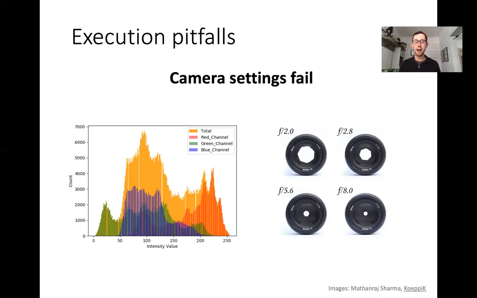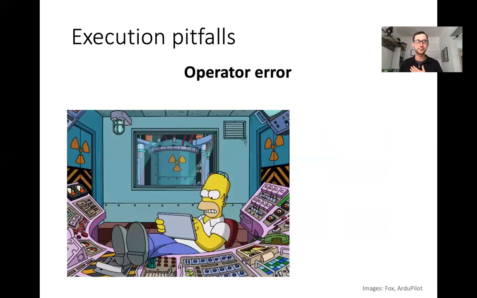We want a constant aperture and a constant shutter speed. That way we're looking at the radiance value that's coming off of the surface and not just something that's attenuated by the camera itself. So I don't have a lot of concrete recommendations that I can fit into this presentation, but you just got to make sure that you pay attention to camera settings.